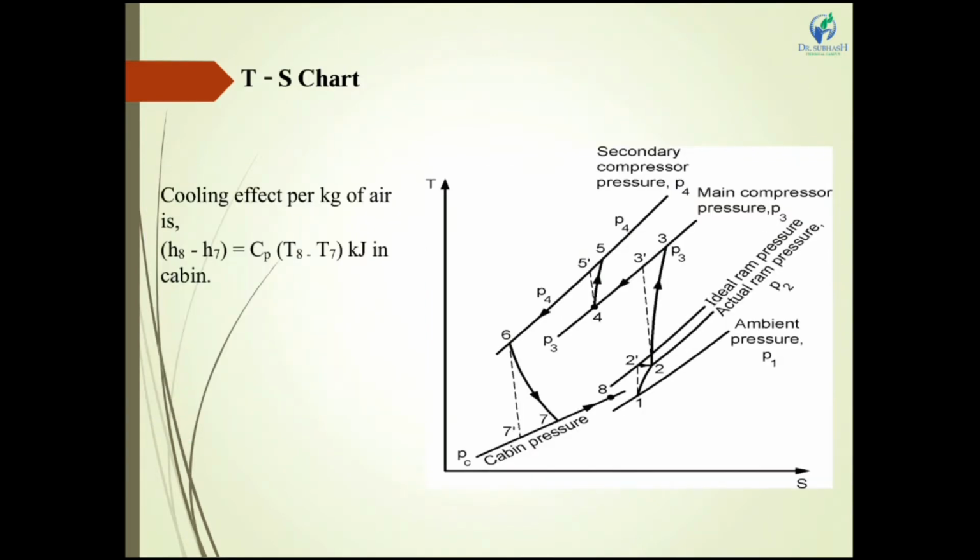In this diagram the ram pressure is completed at point 2. After the air passes through the main compressor, the process is 2 to 3. The dotted line is the actual line, and this line is the ideal line.